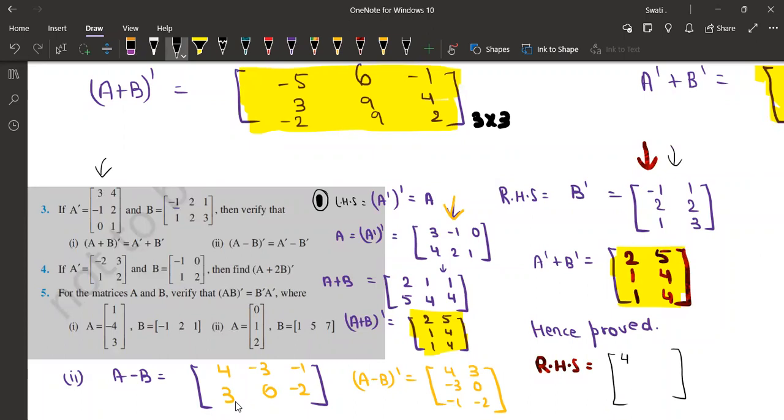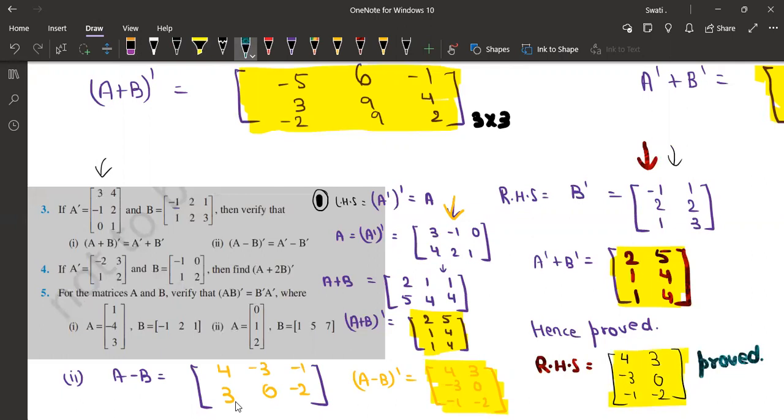Next is 4 minus 1, that is 3. Next is minus 1 minus 2, that is minus 3. Next is 2 minus 2, that is 0. Next is 0 minus 1, that is minus 1. And next we have 1 minus 3, that is minus 2. And you can clearly see that we have the same LHS and the same RHS. That is why we can say that hence proved.